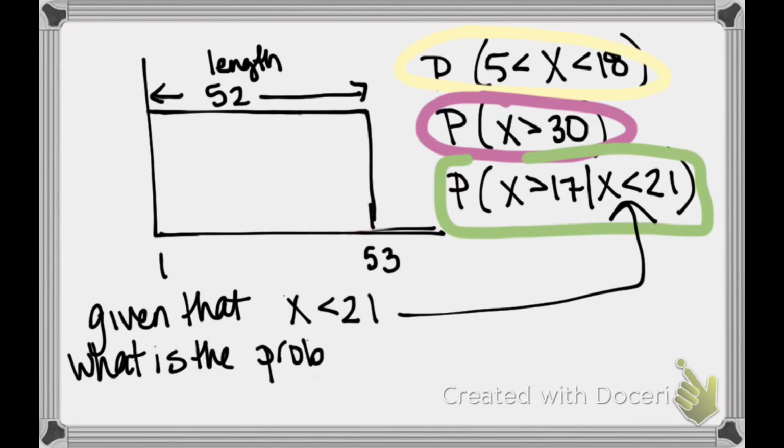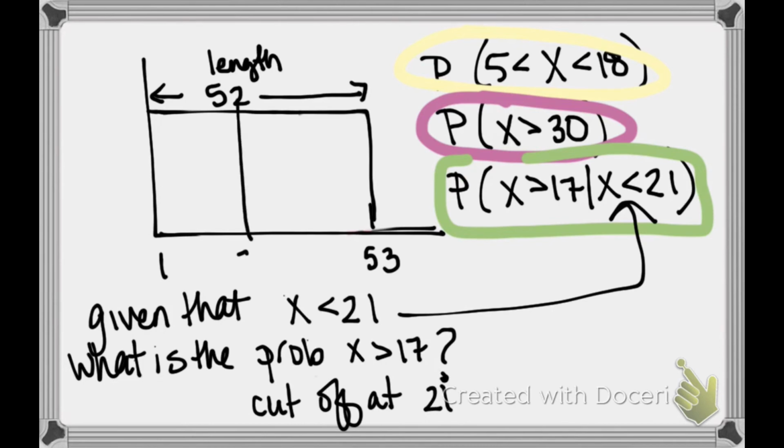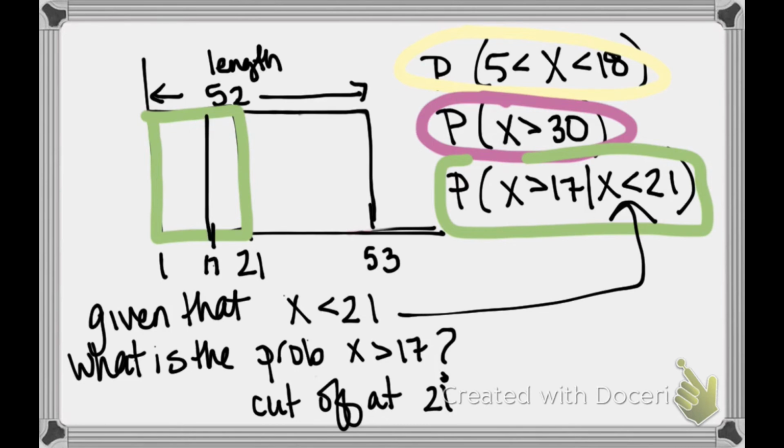So given that x is less than 21, what's the probability that it's after 17? The cutoff's at 21, so that's kind of like my new rectangle. That's my whole, that's my 1 because it's less than 21. I want to know what's the probability that it's greater than 17.